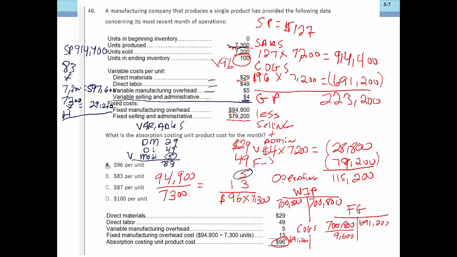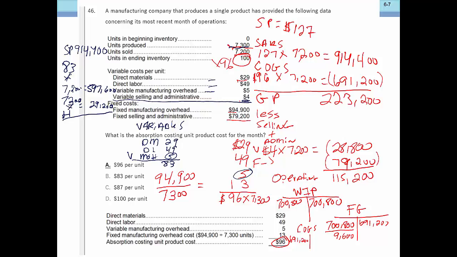So I've got my sales price, my variable product cost, my variable selling and administrative, right? That's all I've done here. All I'm asking is, do I have all my variable costs captured here? Direct material, direct labor, variable manufacturing overhead.